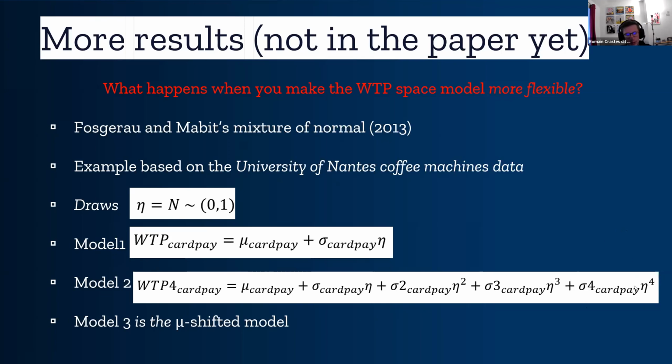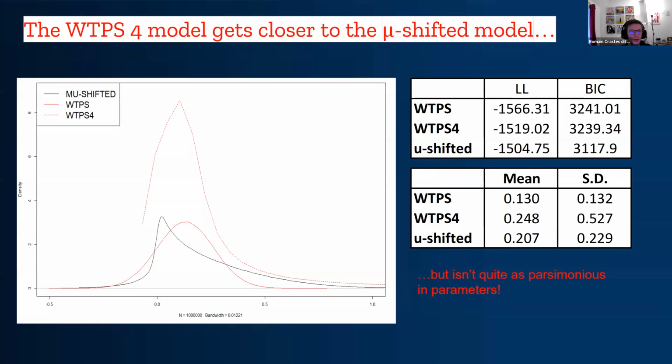You're familiar with this, right? I compare this to the basic willingness to pay space and the mu-shifted model. What I find is that the mu-shifted still wins by quite a bit in terms of log likelihood. And if you consider the BIC, then it largely outperforms both models.